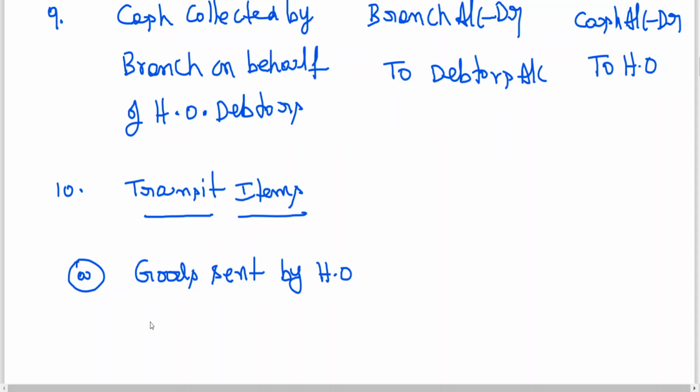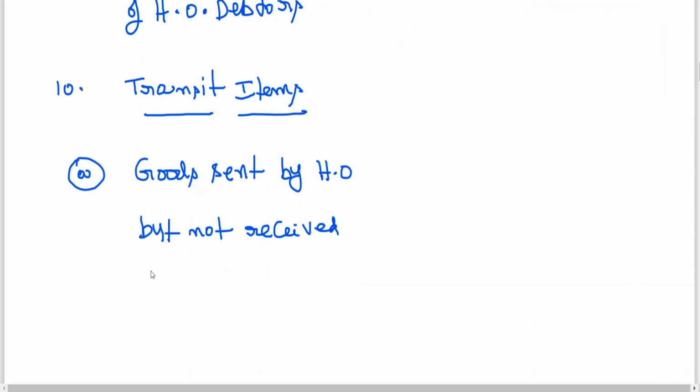Goods sent by head office but not received by branch, what is called goods in transit.